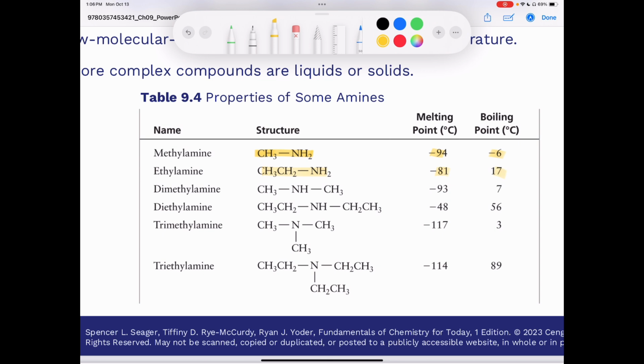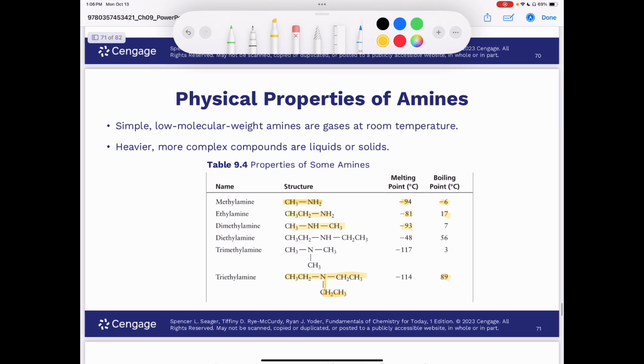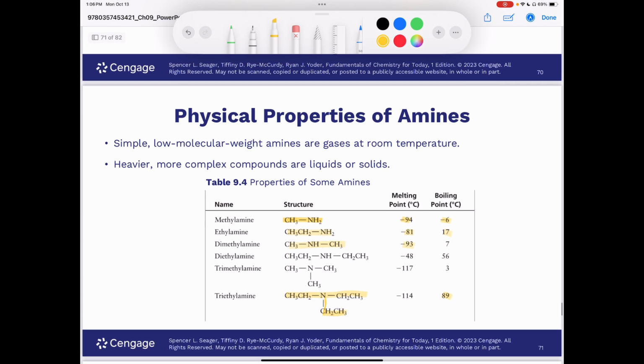But then we go back down to dimethylamine, and you can see that the boiling point is still low. But anyhow, as the amines get bigger and bigger, if we go all the way to something like triethylamine, the boiling point is almost 90 degrees. So as they get bigger, generally speaking, the boiling points and melting points will increase.